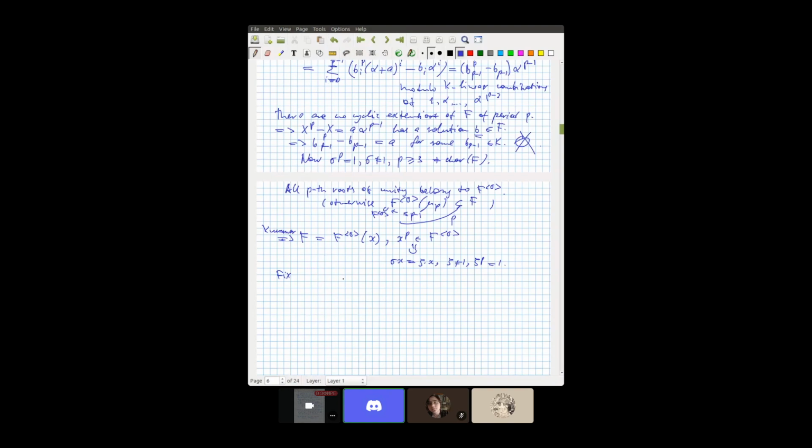So we look at... you see, as we don't have any abelian extension, there is a p-th root of x in F, so we can fix some p-th root of x in F, which we call y, such that y to the p is x.